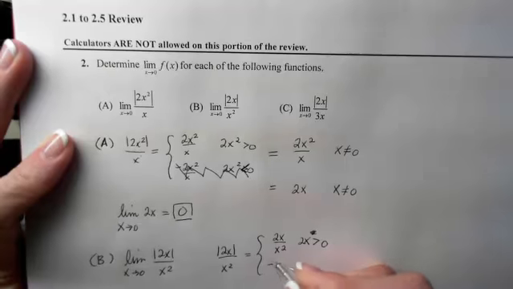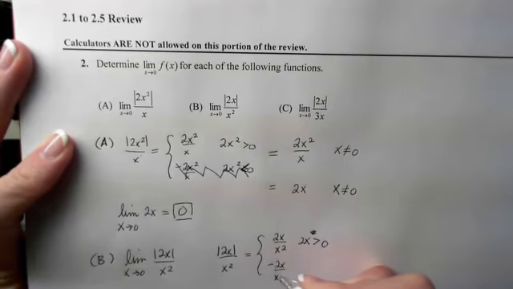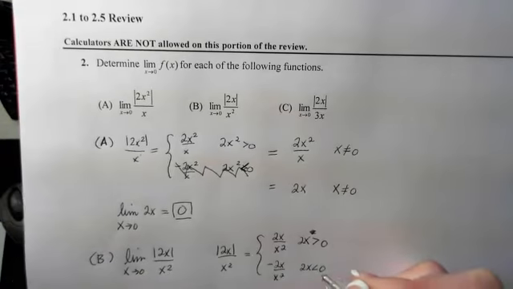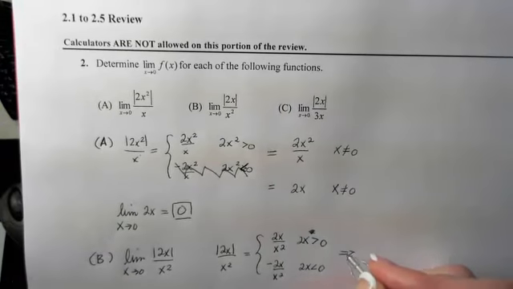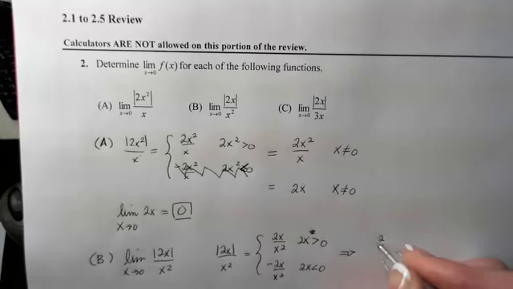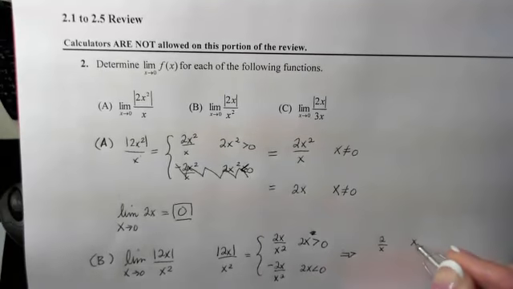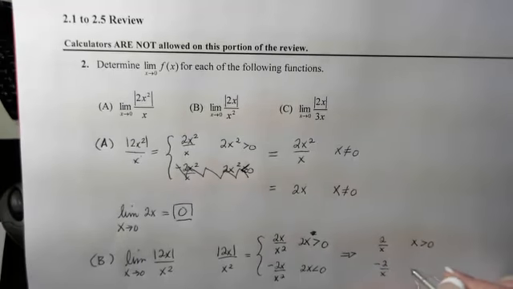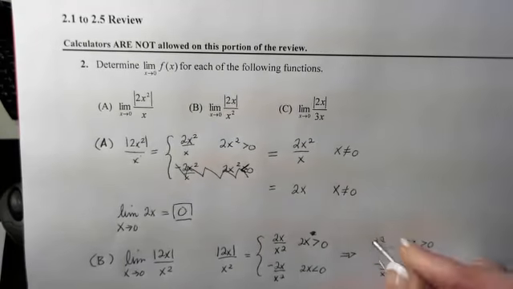And I'll have the opposite of the inside when the inside is negative. If I continue on with this and simplify, I will get a 2 over x when x is positive, or a negative 2 over x when x is negative.